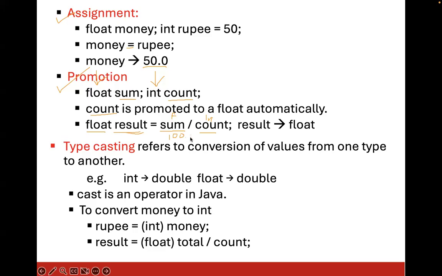You have to write it like a float. The count is 5. This is an integer. So you divide 100 by 5. It is 20. But you have to take this as float because this is also a float. You have to pass it to a float. Because here also you have a float.